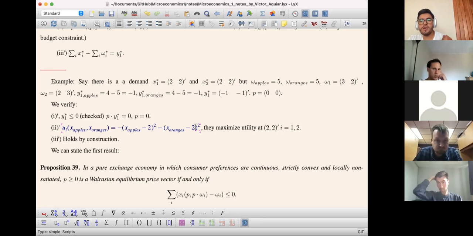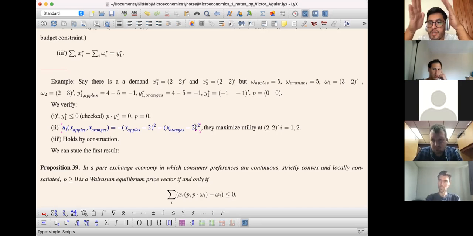Of course, here the assumption that is missing is local non-satiation. So these guys essentially like only 2 apples, right? That's the optimal bliss point. And if they go beyond the bliss point, they decrease their utility, right? So they are locally satiated at 2.